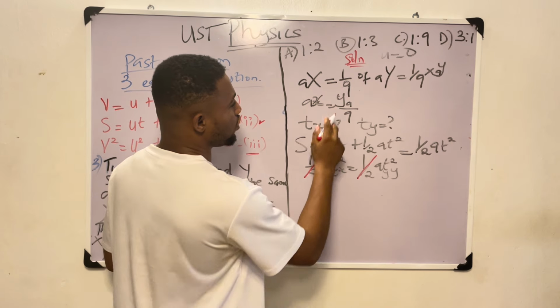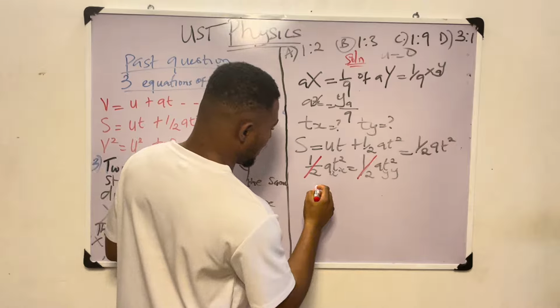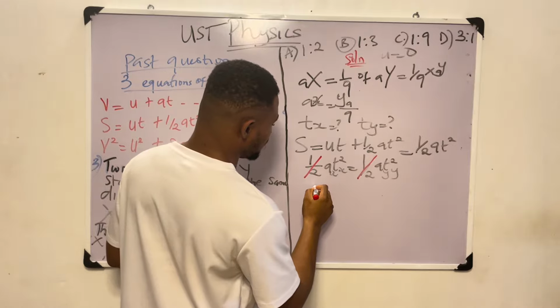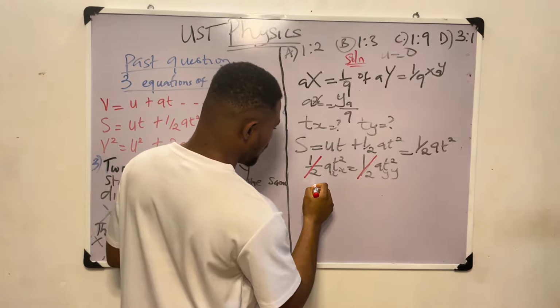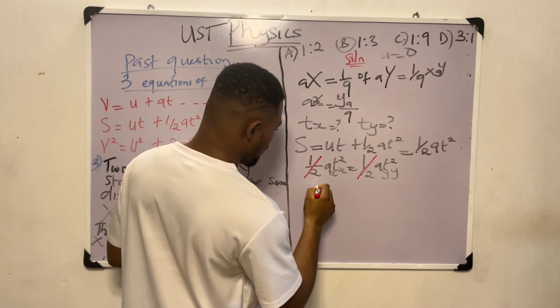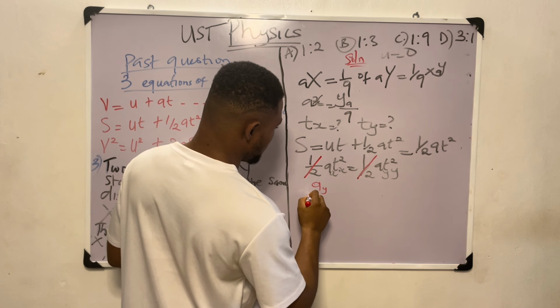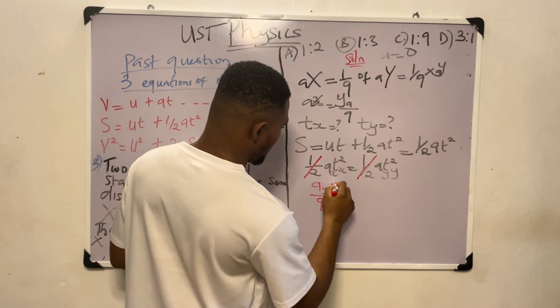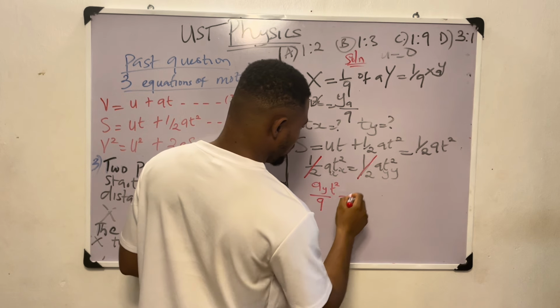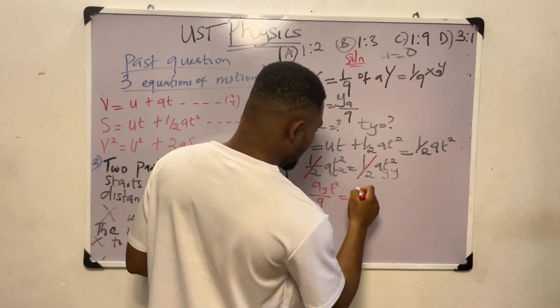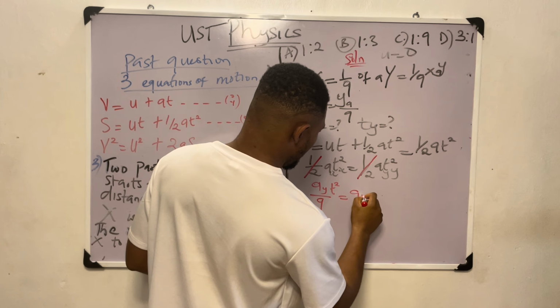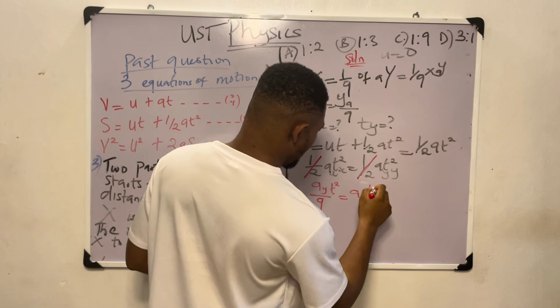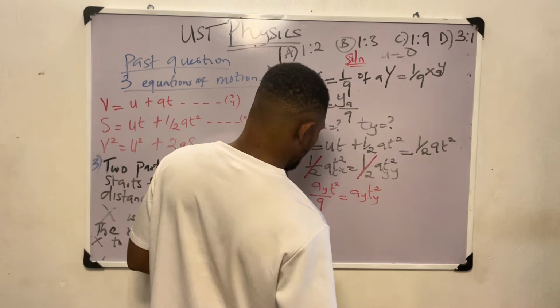What is the acceleration of Y? AY. So we have AY over 9 Tx square equals AY Ty square.